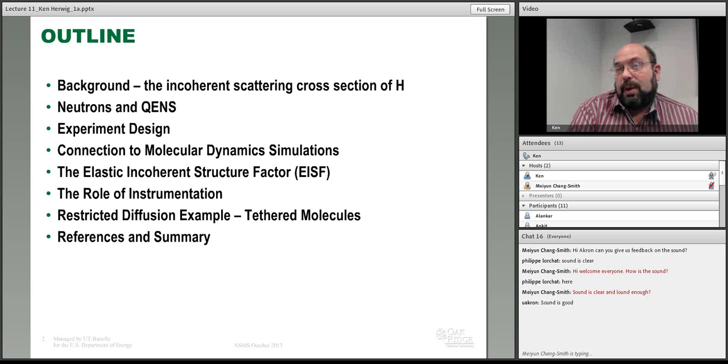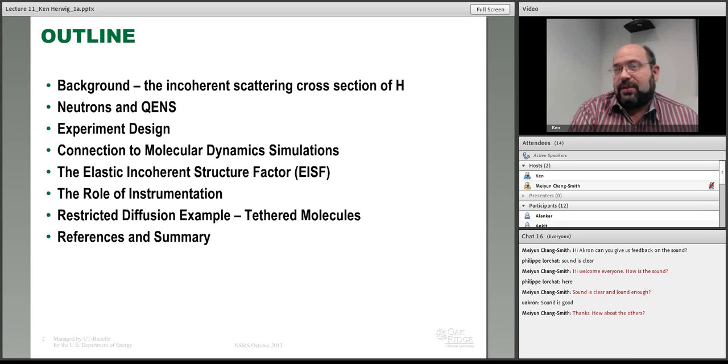Often the incoherent cross-section, which is a single particle scattering event, is treated primarily as background. For Bill Hamilton's lectures on reflectometry and SANS, the incoherent scattering cross-section of hydrogen is really an annoying background, something that he has to learn to live with.